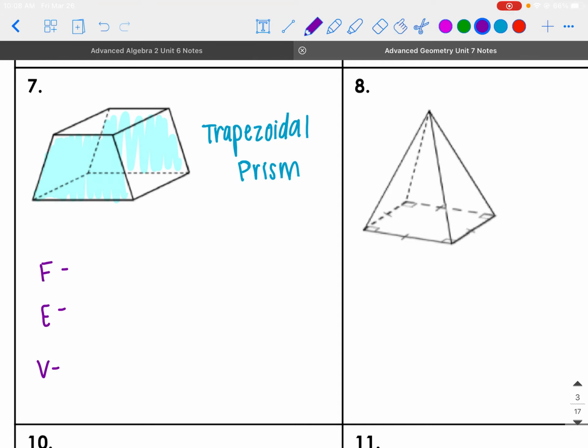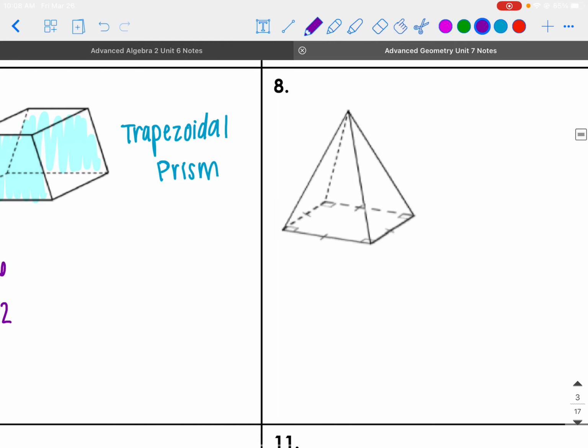In all of the prisms except for the rectangular, if you see a face that's not a rectangle, that's probably going to be your base. Because if I look, all of my other sides, those are all rectangles except for the trapezoids. It has 6 faces, 12 edges, and 8 vertices.